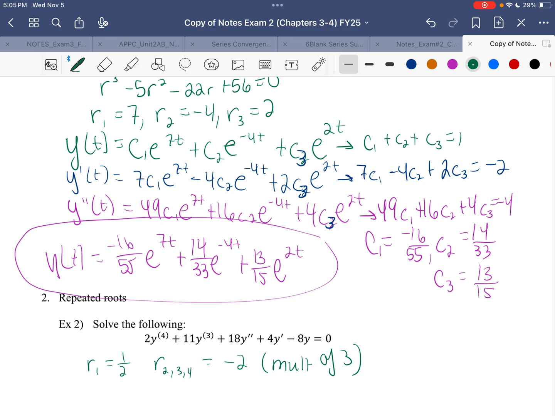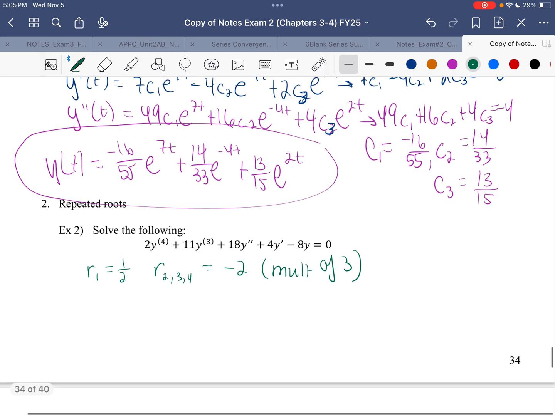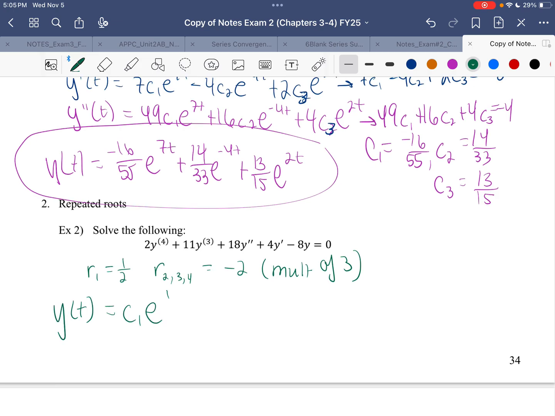So this is where you have to do that repeated root thing again. c2 e to the negative 2t plus c3 t e to the negative 2t plus c4 t squared e to the negative 2t.